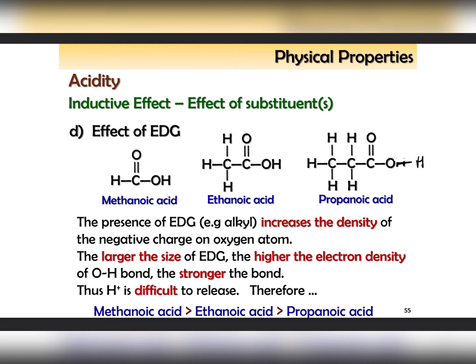Okay, that is why H plus akan jadi difficult to, susah untuk release. Okay, bila susah untuk release, that means H plus ion kurang. That is why propanoic acid is the least acidic compared to ethanoic acid and methanoic acid. Okay.